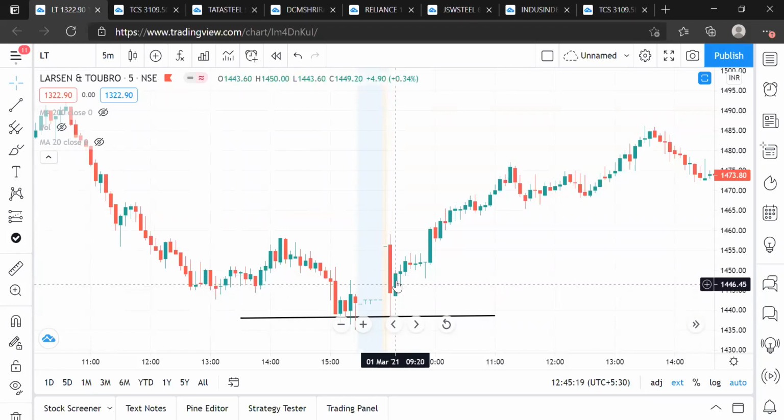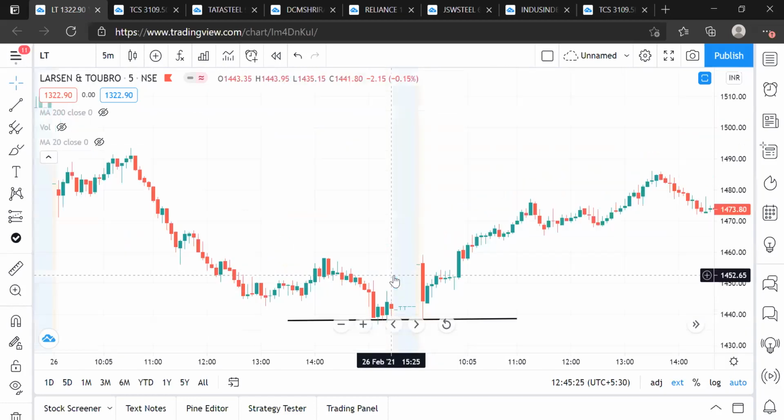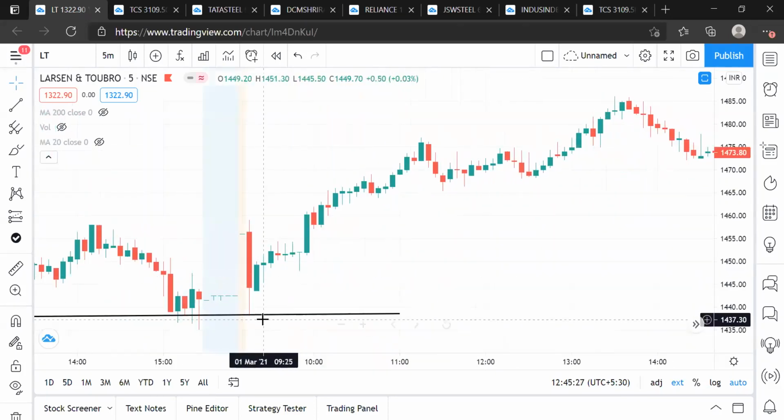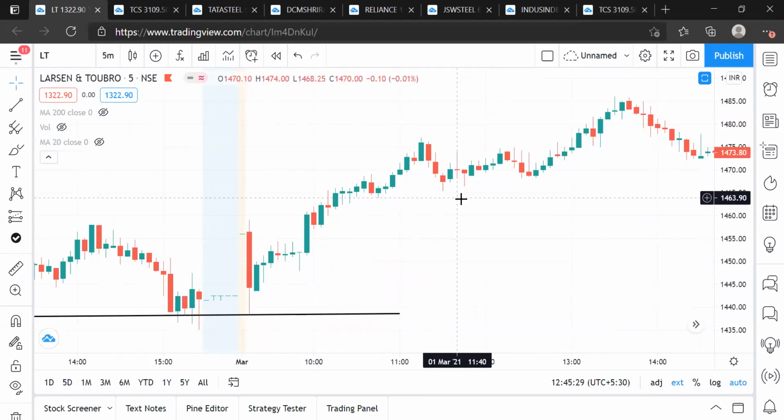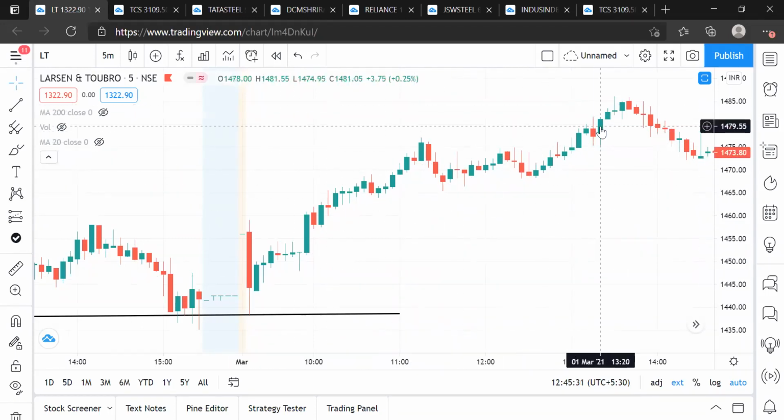We started having these green bars. And once we have these above average green bars, we buy with a stop loss below the low. And look at the kind of rally we had after that.